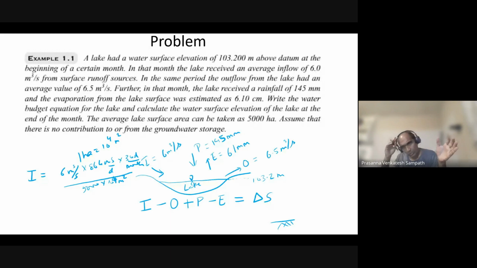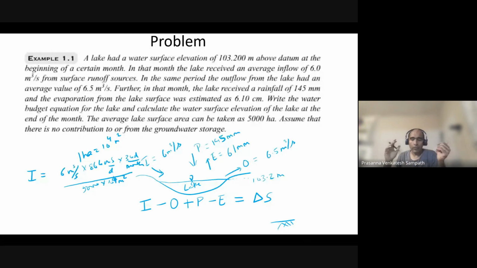Okay, so now, like I said, this idea of writing a water budget equation can be done for any duration of time, for any spatial domain, right? I can write the water budget equation for 1 day for one room in the hostel. Suppose you are a person who's staying in that room. I can find out how much water comes into the room and how much water leaves the room.